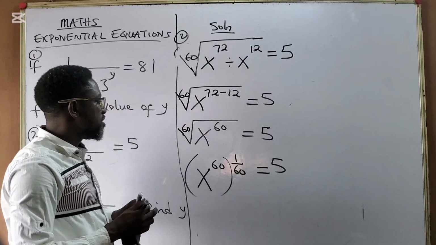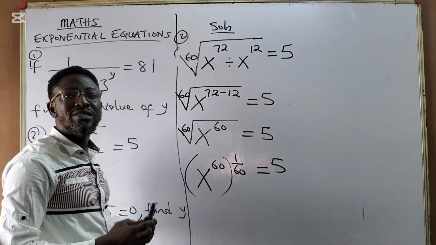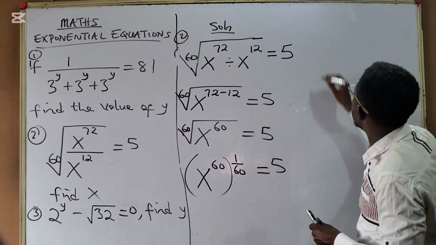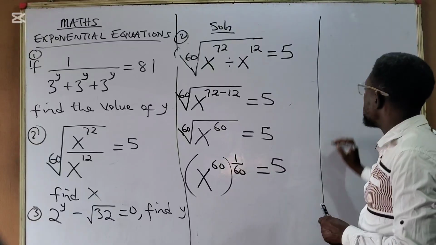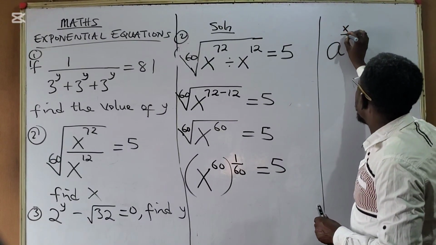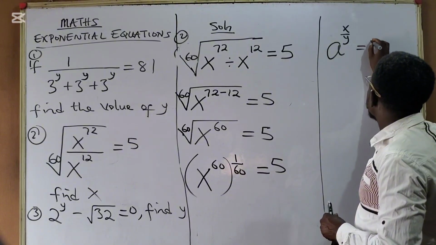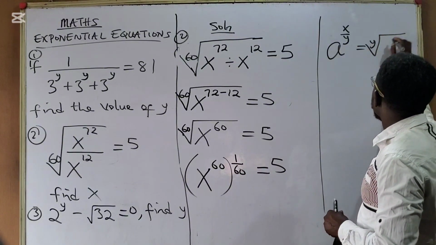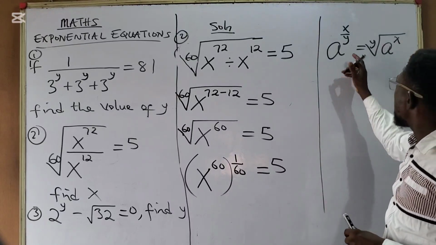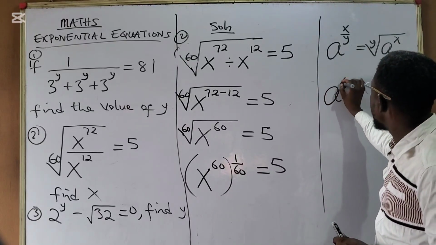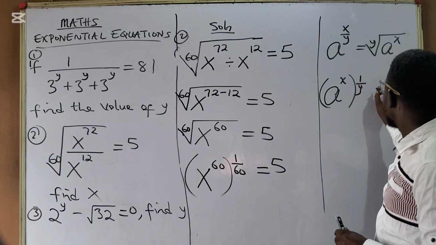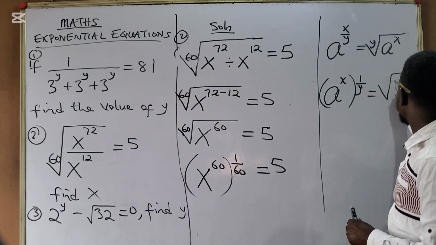And those of you wondering how I have to write this one as 1 over 60, there is a rule of exponent that says a raised to power x over y becomes the y root of a raised to power what? X. This one we can write as a raised to power x times 1 over y, being equal to the y root of a to the x.